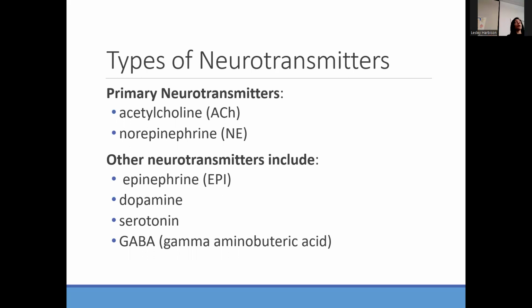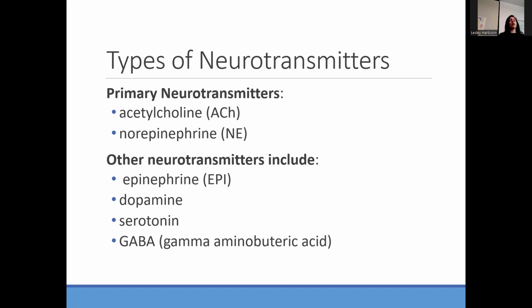There are other neurotransmitters that we do talk about when we talk about other drugs, but for our base knowledge, we're going to keep it pretty much at those two. Other neurotransmitters in the body are epinephrine, dopamine, serotonin, GABA, and there's other ones still.